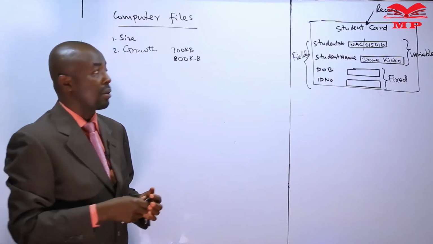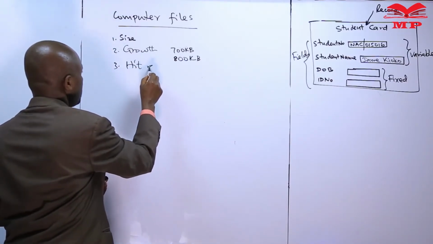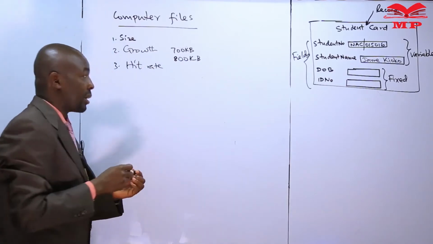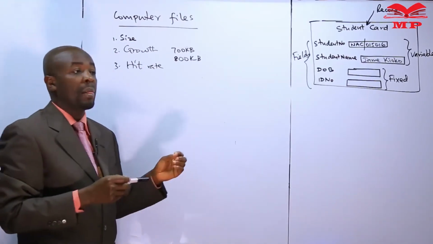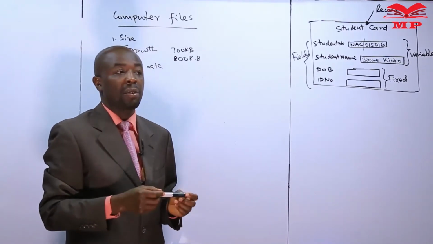Now another characteristic of computer files is what we are calling the hit rate. The hit rate talks about the activity rate of the file.